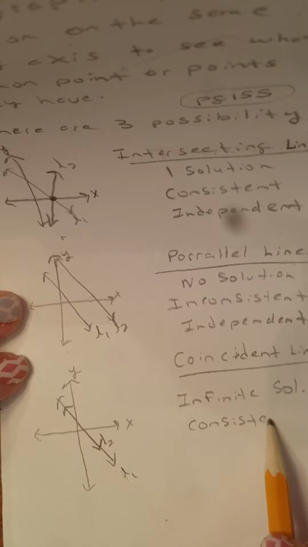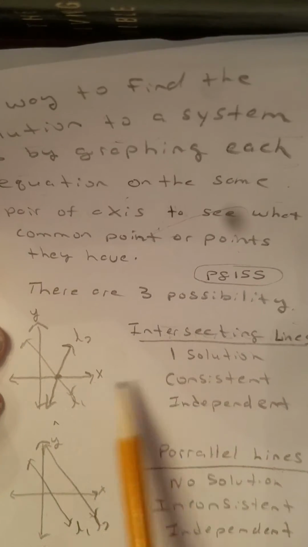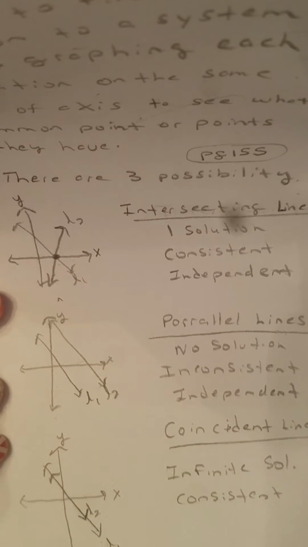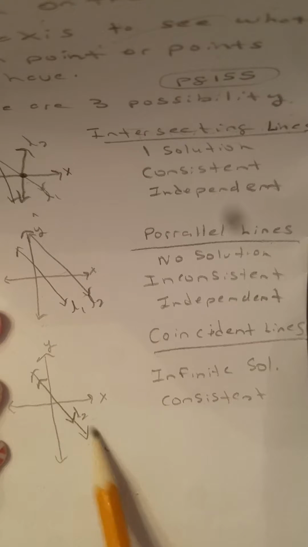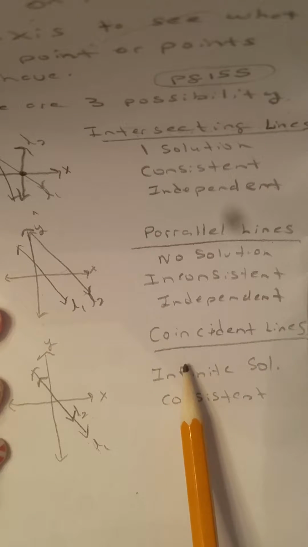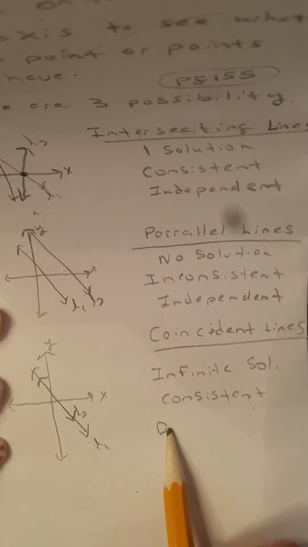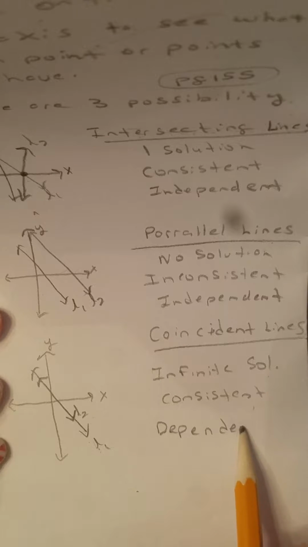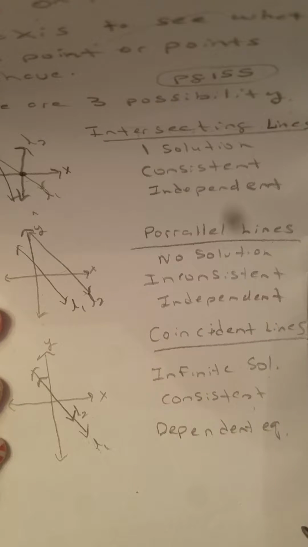Now remember, consistent means that it has at least one solution. Remember, this was consistent, it had one solution. This is called inconsistent because it has no solution. So if they're both the same line, it is an infinite solution. It's consistent, and it's also called dependent. It is the only one here that is a dependent system, whereas these are independent equations.